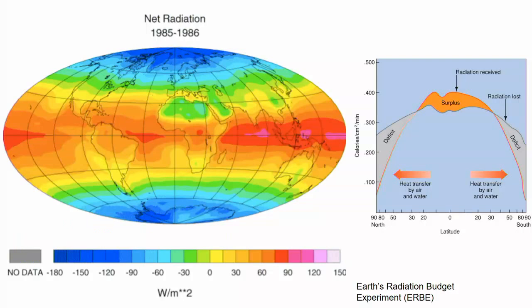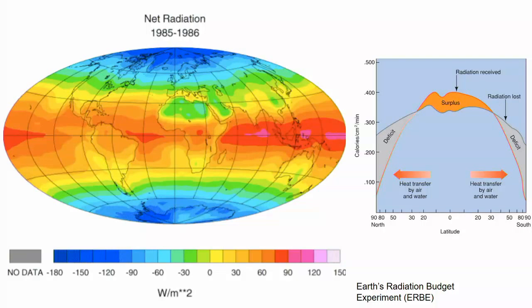We then looked at how that energy was actually distributed across the Earth. So the climate really can't be described as just one parameter. It's not just a single temperature. There's a lot of temperature variability across the whole planet. The tropics are warmer than the poles, and there's spatial variability in terms of continents versus ocean. And this leads to an imbalance between the tropics and the polar regions, in that there's more energy arriving in the tropics than is leaving, and in the poles there's more leaving than is arriving.